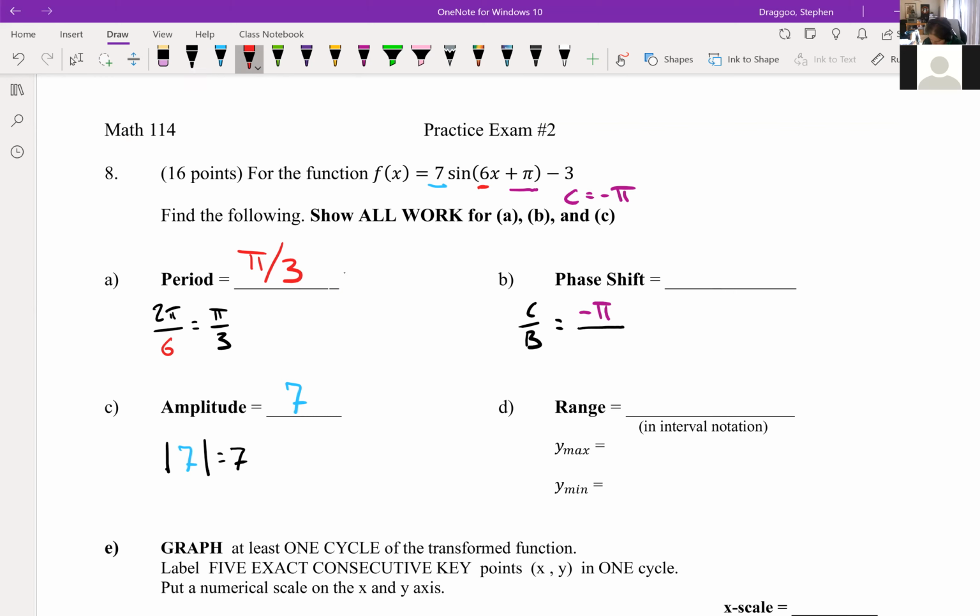So I've got -pi/6, which there's nothing really to simplify there. -pi/6 is our answer. Again, keeping in mind that C is negative, so we should have a negative phase shift. So this graph is being shifted to the left.